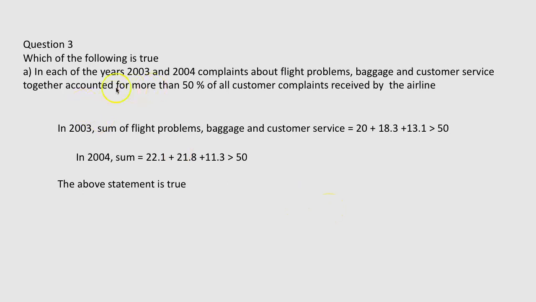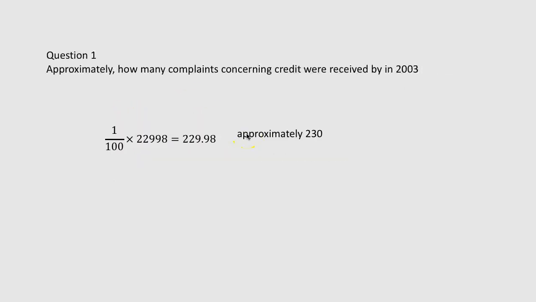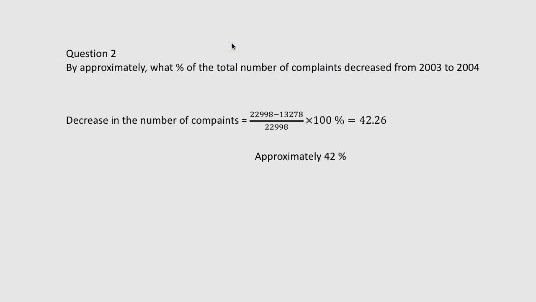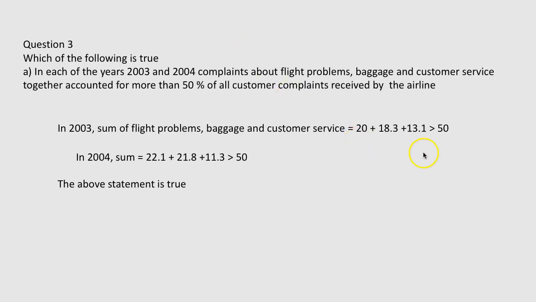Which of the following is true? In each of the years 2003 and 2004, complaints about flight problems, baggage and customer service together accounted for more than 50% of all the customer complaints received by the airline. In 2003, the sum of flight problems, baggage and customer service is 20 plus 18.3 plus 13.1, which is greater than 50.